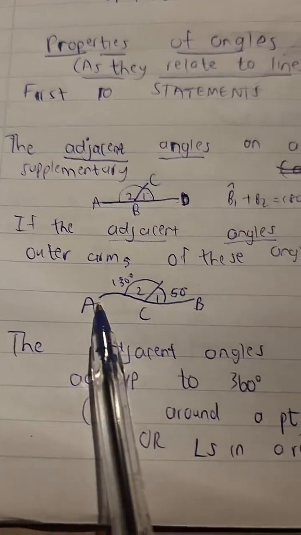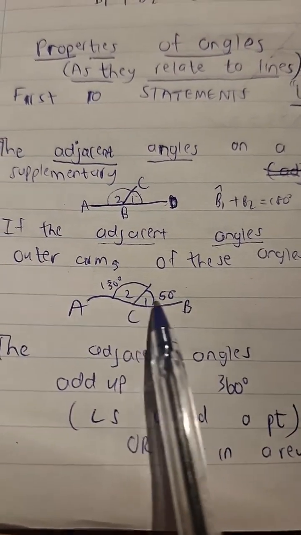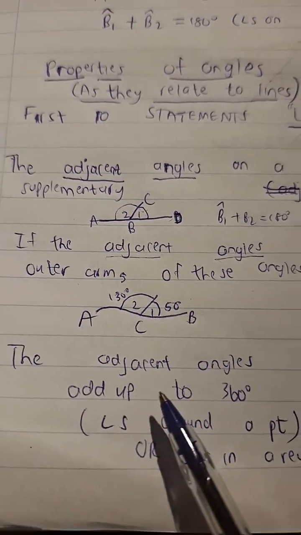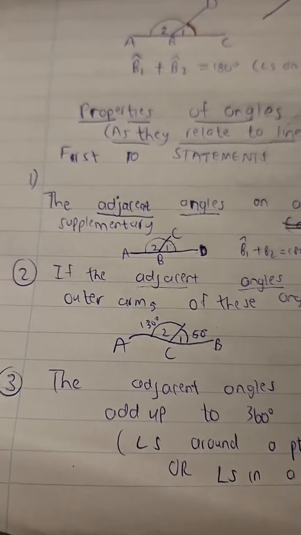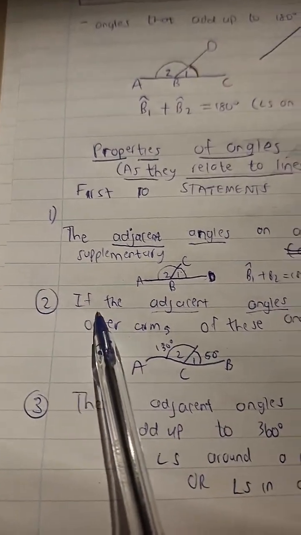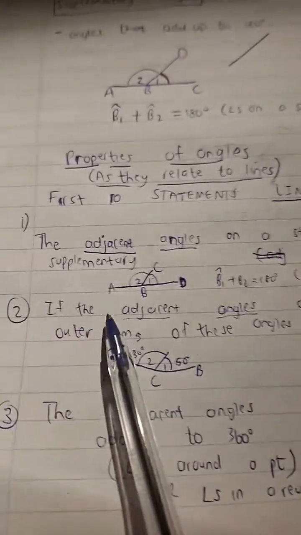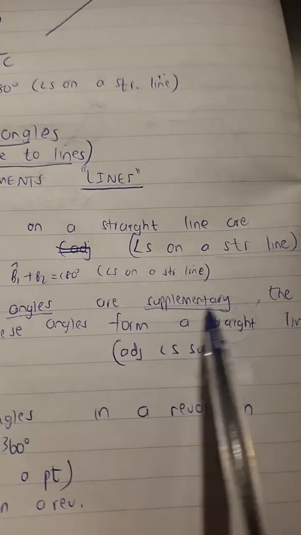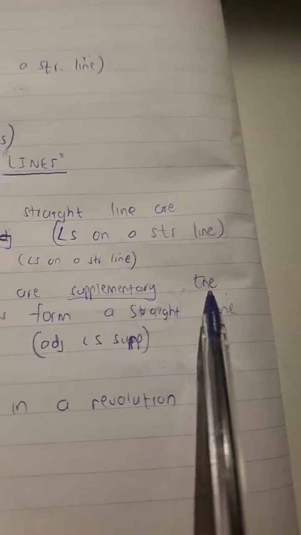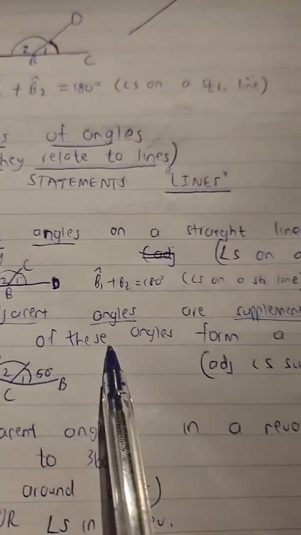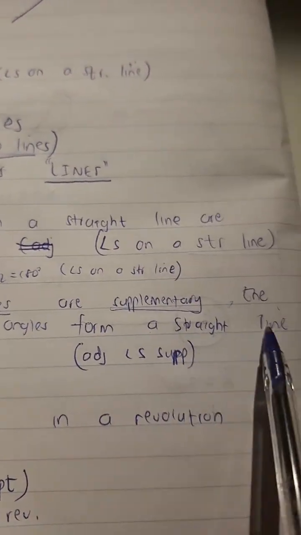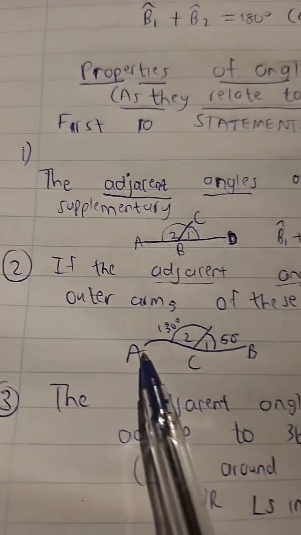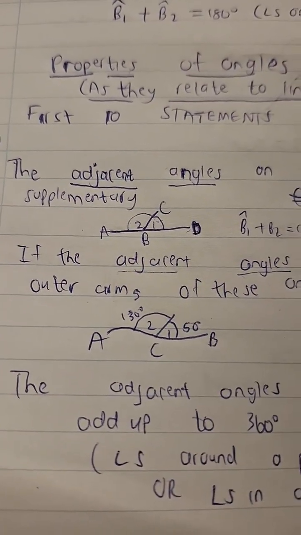So I'm going to ask again, is ACB a straight line? The question you need to ask yourself is, according to this theorem, what is this theorem saying? If the adjacent angles are supplementary, the outer arms of these angles form a straight line. So I ask again, is ACB a straight line?